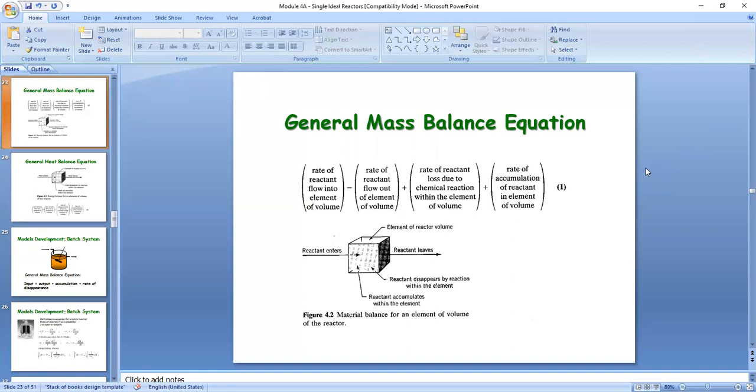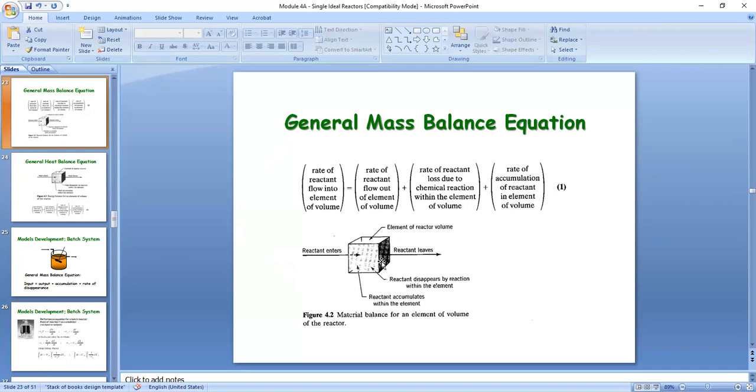So when we speak of design of reactors, the rate of reactant flow into the element of volume, so this is your element of volume, a cube. Now the rate at which the reactant enters this cube should be equal to the rate of the reactant flow out of the element of volume plus the rate of reactant loss due to chemical reaction within the volume.